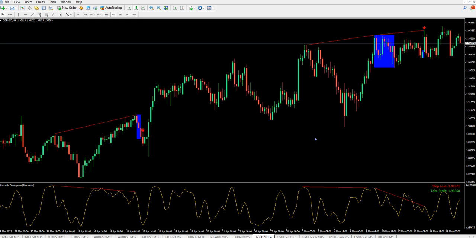Now, I also want to point out you can change the settings and have this show up where it can offer trade ideas. As you can see here, stop loss and take profit is available. If you wanted to follow this divergence, you can see there's two plotted here from here to here.